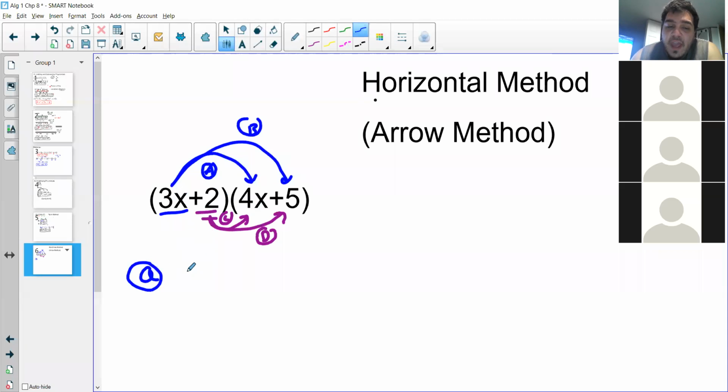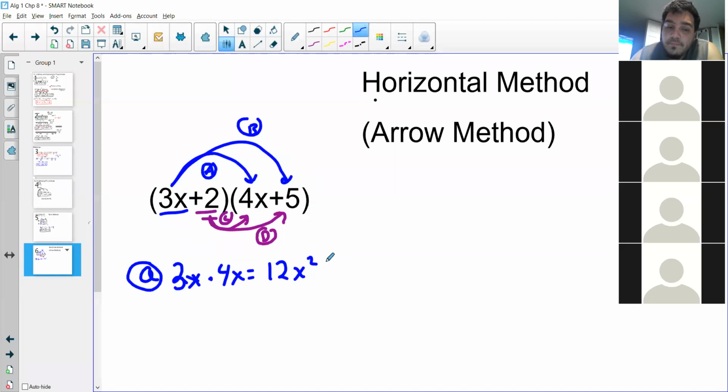So what happens at A is 3x times 4x. Notice we're doing the same multiplication as we did in the table. It's just another way to present the information. 12x squared. For B, we have 3x times the positive 5. That's going to be 15x.